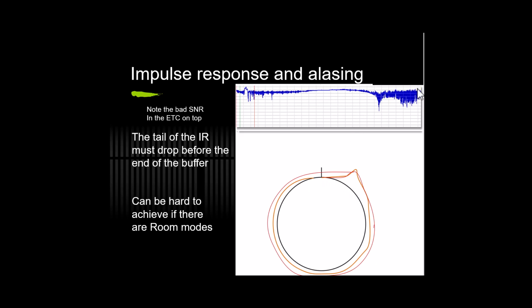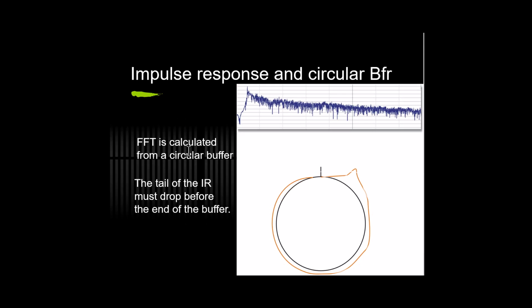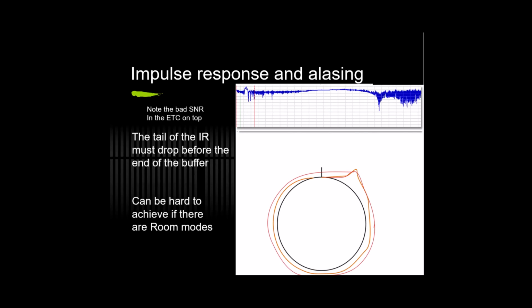So this tail here will come in at the front here, and smear out the measurement. Normally it should look like this. Here the room resonances are removed by filtering and so on. So the tail will fall off, and you have a clean measurement.